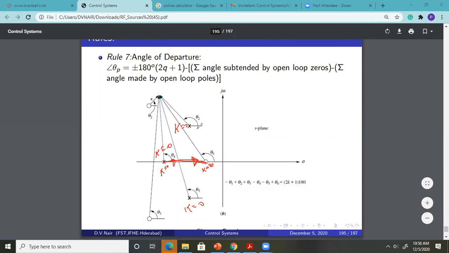Sir, asymptotes will be 0, because there are 3 poles and 3 zeros also. Oh, I did not see this. Actually, you are correct, because these 2 are also zeros. Sorry, there are 3 open loop zeros and 3 open loop poles. So there will be no asymptotes. Good, very good. Thanks for correcting me.